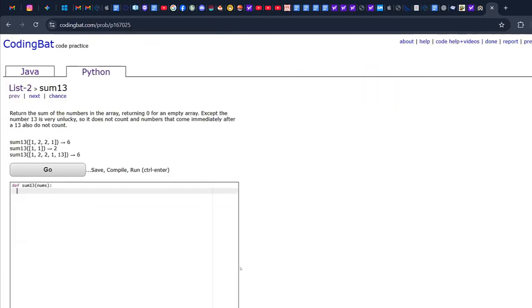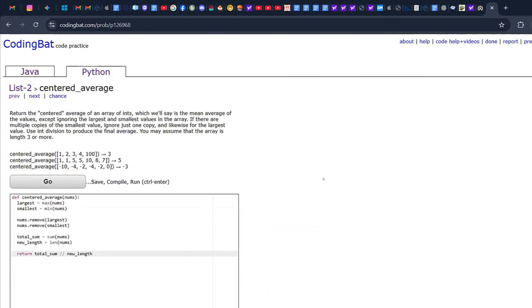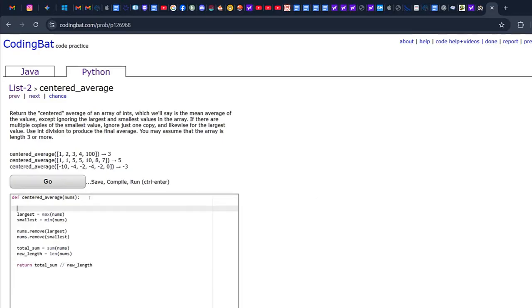You remove, or go back to the problem. You remove the largest and smallest. That actually works, but this one may not be the fastest way to code it.